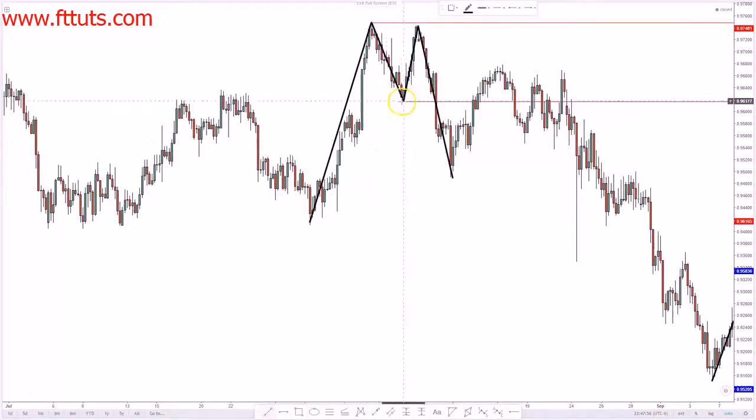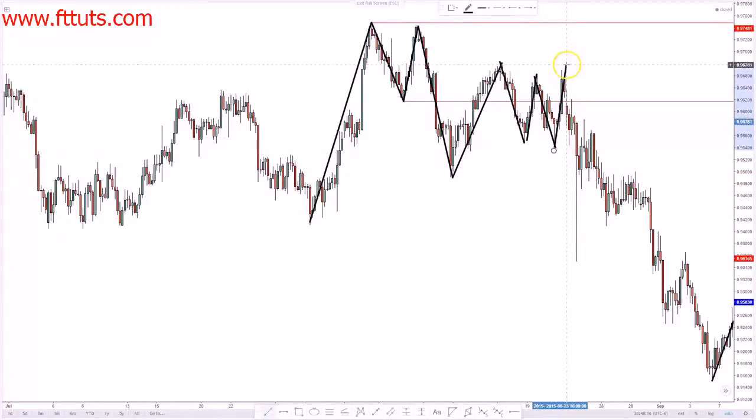Breaks this middle low, this middle part of the low. Breaks it. Let's see if it's gonna come back for a retest. Comes back up for a big retest right here. Broke it a little bit. And the drop. Boom.